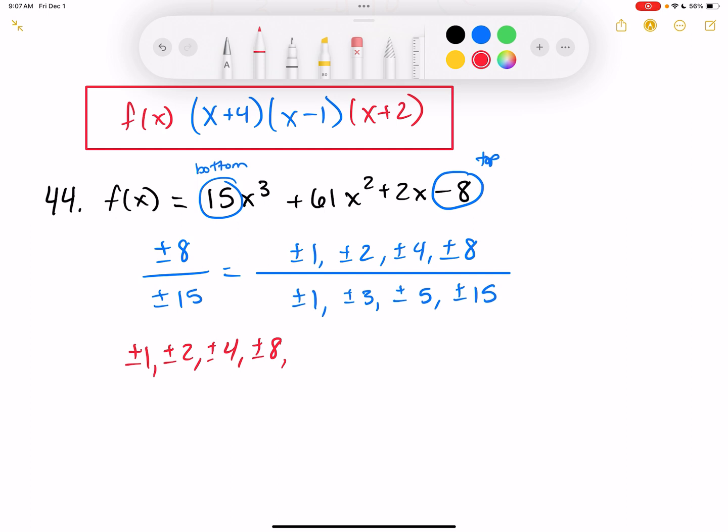So I'm going to have 1/3, 2/3, 4/3, and 8/3. Then each of these numbers on top over 5: 1/5, 2/5, 4/5, and 8/5.